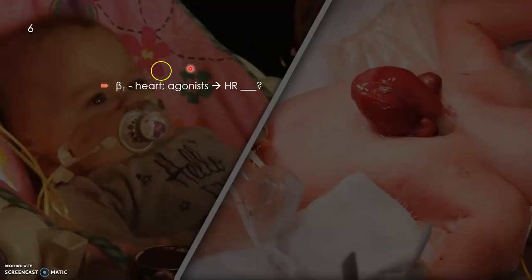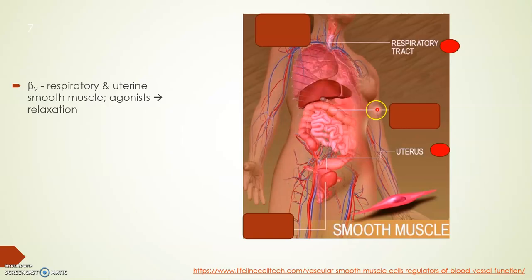So beta 1 is mainly in the heart. Okay, beta 1 is mainly in the heart, and agonist action on the beta 1 receptors will cause the heart rate to increase. Beta 2 is mainly in the respiratory and uterine smooth muscle.